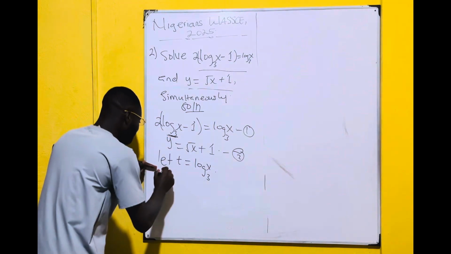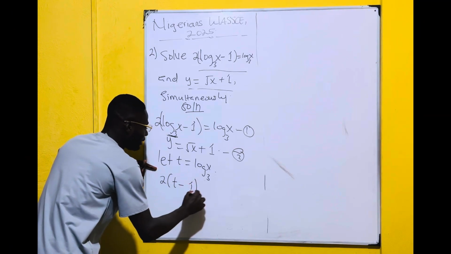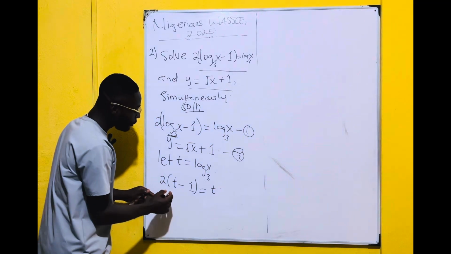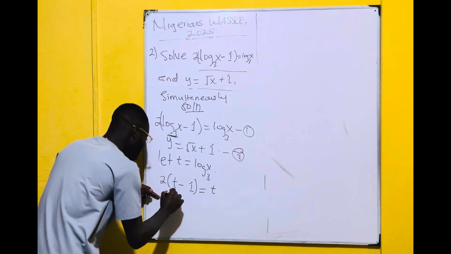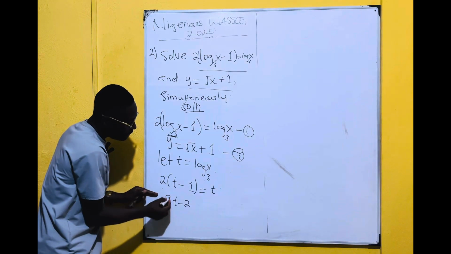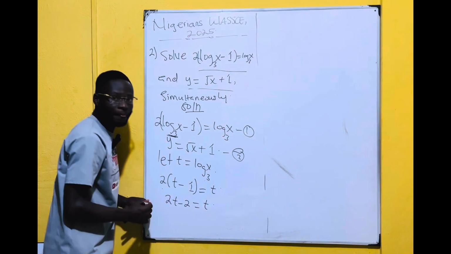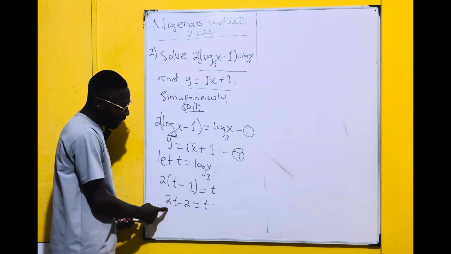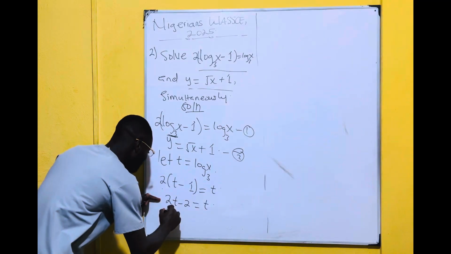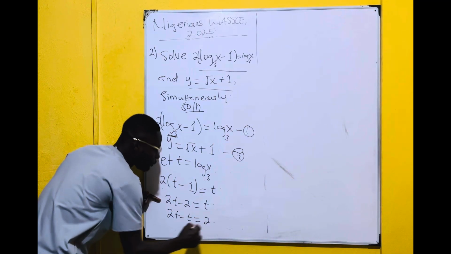So wherever I see log x base 3, I'll substitute t. So we have 2 into bracket t minus 1 equals t. Let me expand this. When you expand this, you have 2t minus 2 equals t. So 2t minus t will be equal to 2.